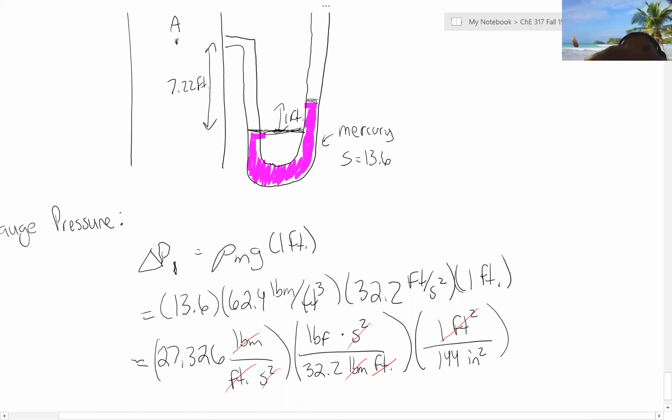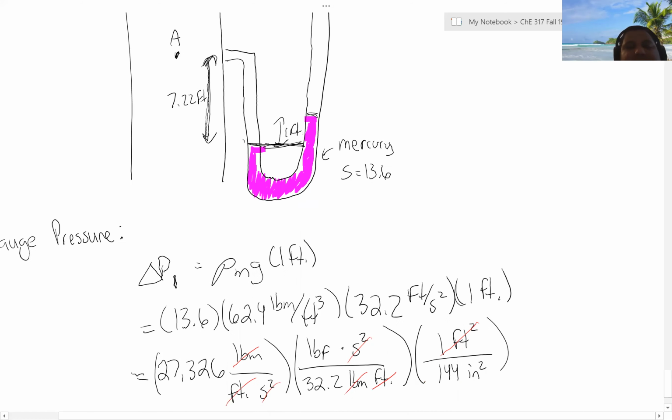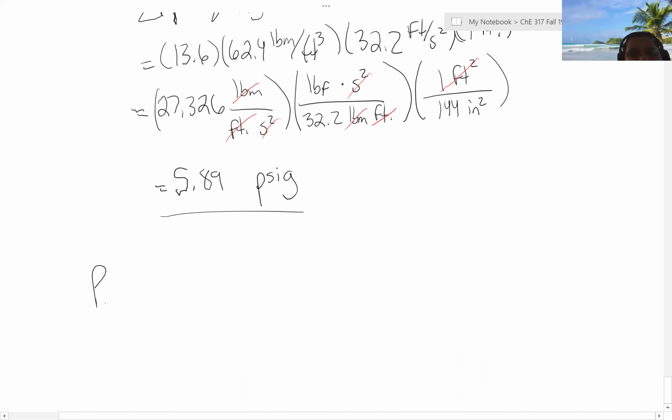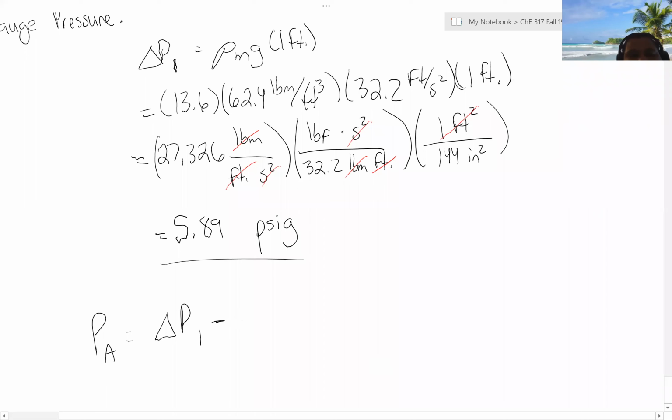And so to find the pressure at A, we have to subtract the pressure associated with the height of the oil that we see on the left-hand side of the manometer. So PA is going to be this delta P1 minus the density of the oil times gravity times the 7.22 feet.